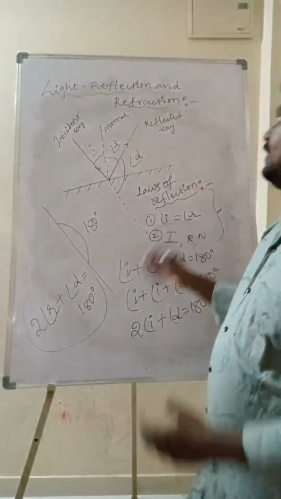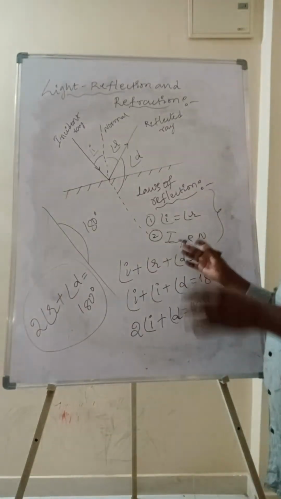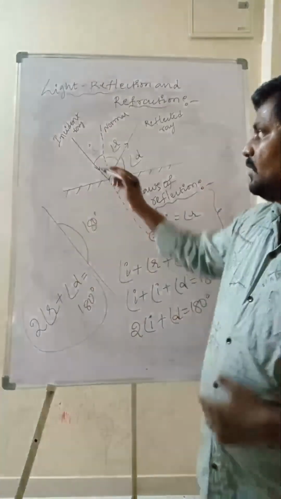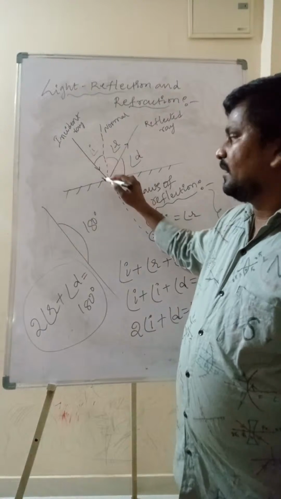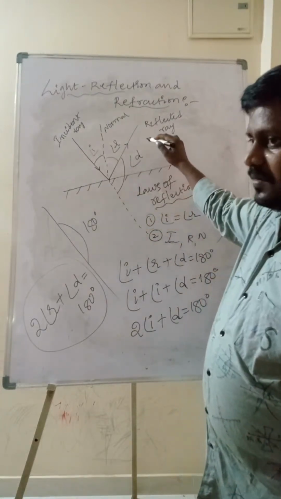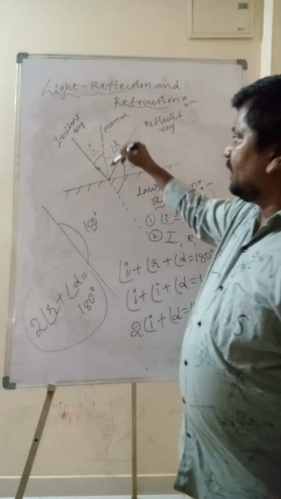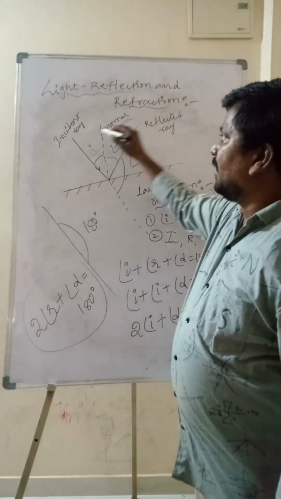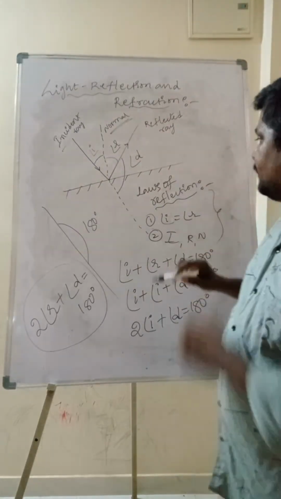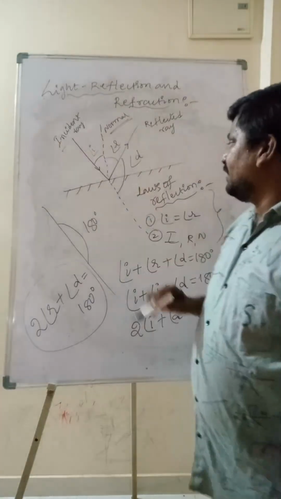So this is about reflection of light, the bouncing back of the light from the reflecting surface. The light which is incident on the surface is the incident ray. The light which is reflecting back is the reflected ray. The line perpendicular to the plane surface is the normal line. By the laws of reflection, angle of incidence equals angle of reflection.